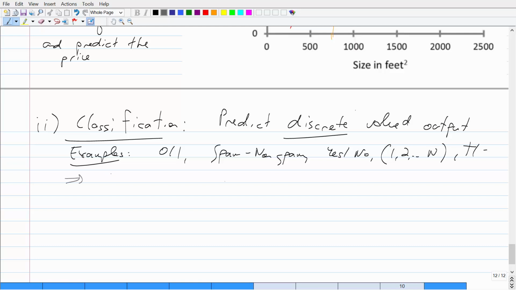So this is when you want to predict whether a new instance belongs to a particular group.